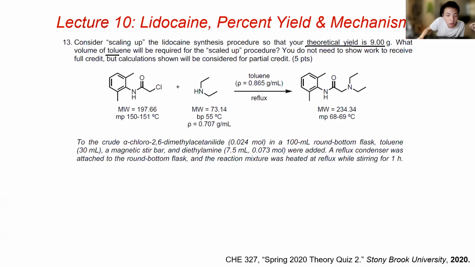What volume of toluene should you use? So toluene. This was the original recipe, and toluene was used as 30 milliliters.